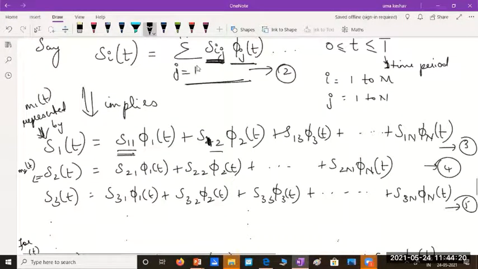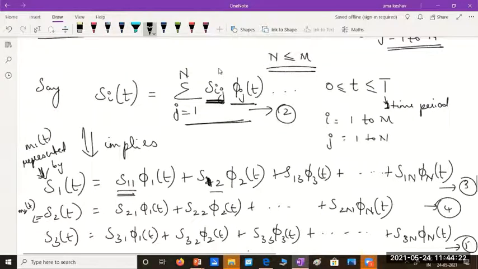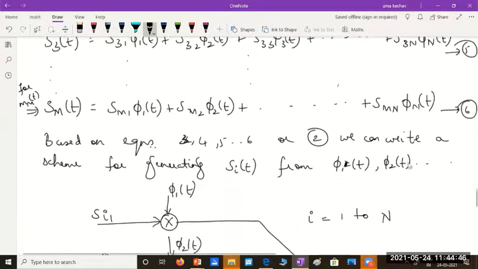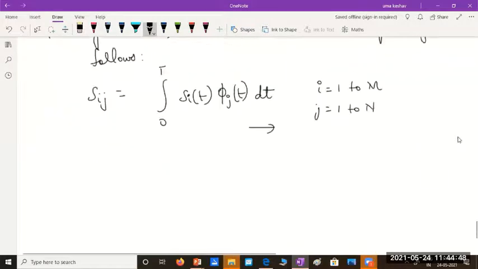In this equation, if I want to isolate the value of Sij here, all I have to do is integrate Si of t and multiply it with phi j on both the sides. Remember, phi j square of t means on the right hand side its value will be 1. Yes or no? So whenever you have an integral, you can just check out what will happen.